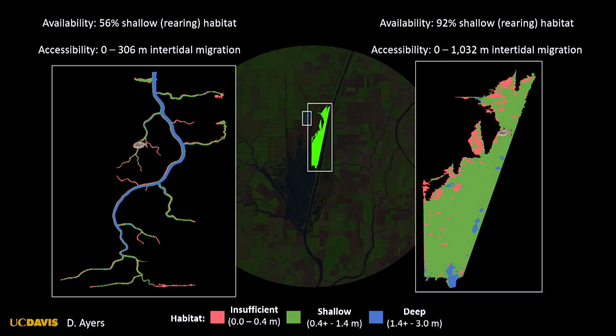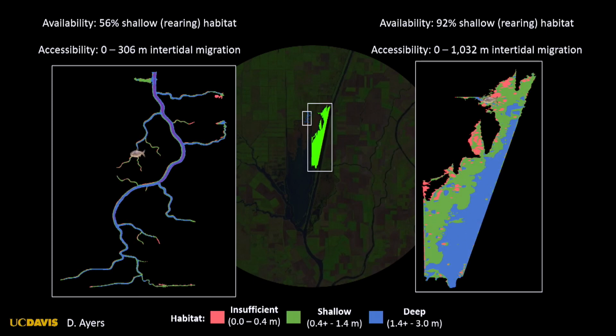You were probably all in the room earlier. Dave pointed out that depth is a fairly simple but reliable indicator of rearing habitat for salmonids. And here we can definitely see that the amount of appropriate depth habitat changes, but because of the shape of the habitat, there's not as much accessibility.